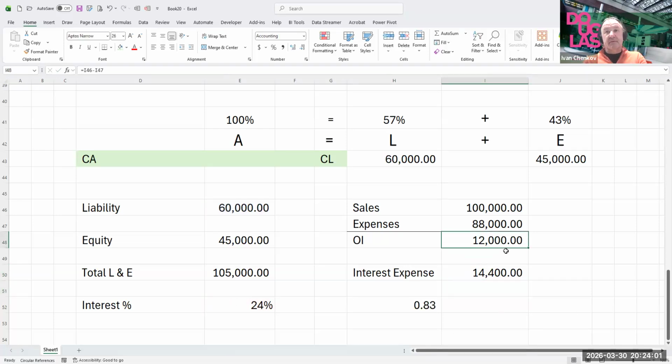Now, if my sales now increase to $200,000 with the additional $10,000 that I borrow, and my expenses increase to, let's say, 130,000, am I in good shape? Do I have to worry about the cost of the borrowing? No. Can you feel it?